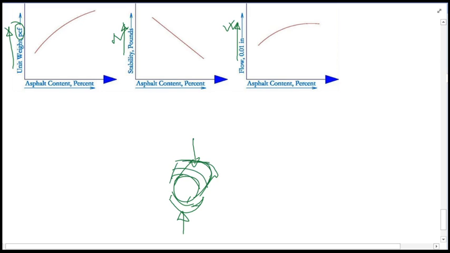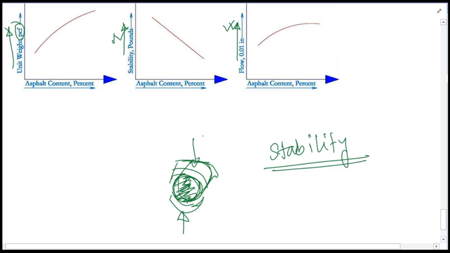The maximum load that the cylindrical specimen is able to take or resist is called the stability value. Failure is automatically indicated by the apparatus we use in the Marshall mix method.